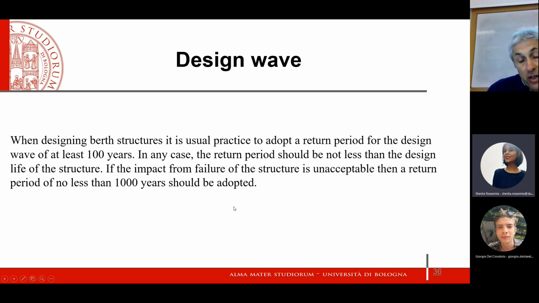So basically, you can refer for the structure to 100 years as an indication, which can be decreased to 50 or even 40 years for structures where you don't see a long durability and you don't see a huge risk if they are flooded or if the mooring points may fail.